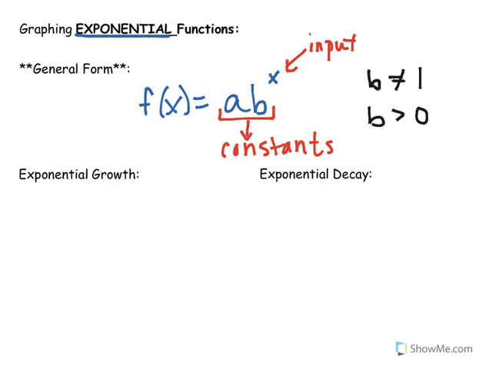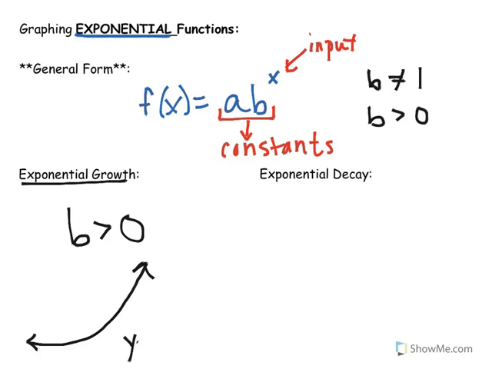We're going to look at two specific types of exponential functions. We're going to look at exponential growth, and this is going to happen when b is greater than 1, and it's going to have the general shape of a curve going exponentially upwards. If you think of our last example, 2 to the x, our a value was 1 and our b value was 2, which was definitely greater than 1, and that's why it was increasing and going up.